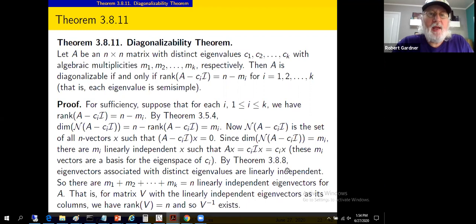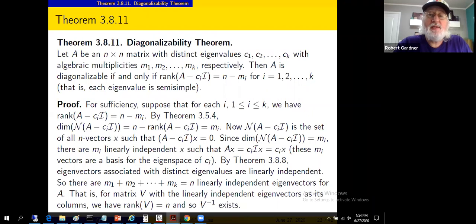Theorem 3.8.8, as we did that relatively recently, says eigenvectors associated with distinct eigenvalues are linearly independent. So here's the number of linearly independent eigenvectors we have altogether. We've got m sub 1 linearly independent eigenvectors associated with c sub 1. We've got m sub 2 linearly independent eigenvectors associated with c sub 2.